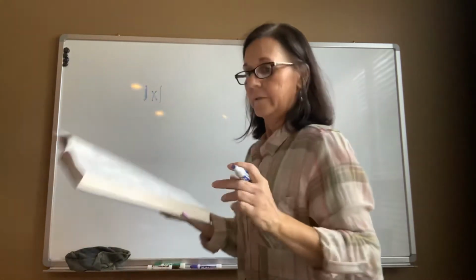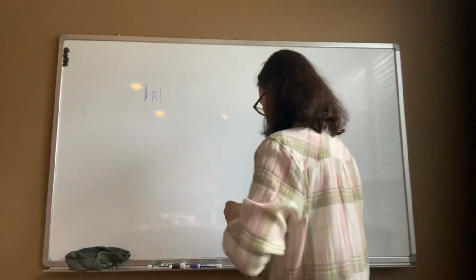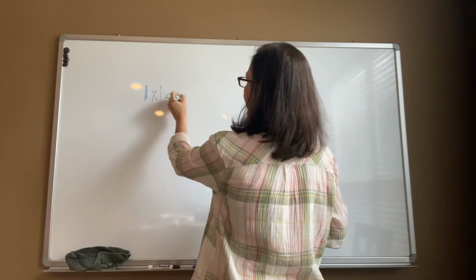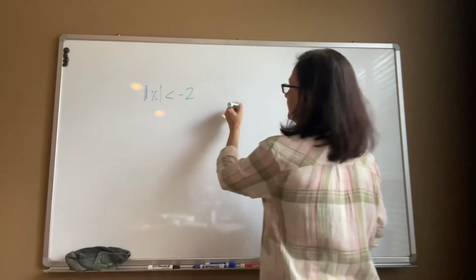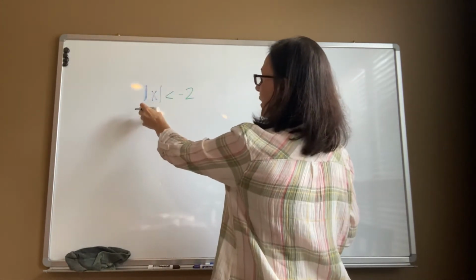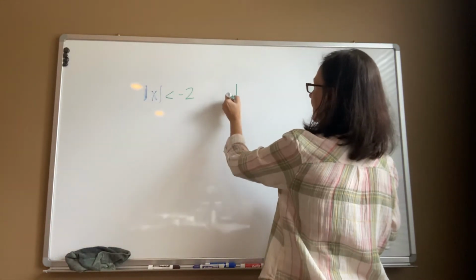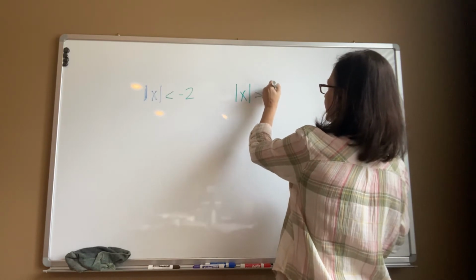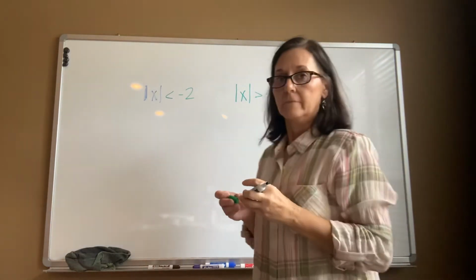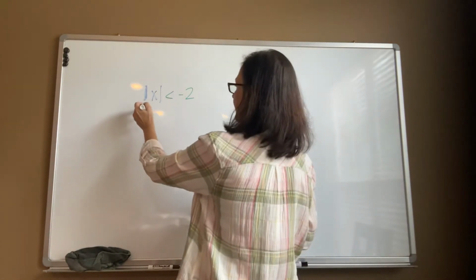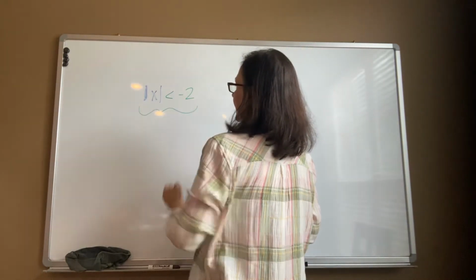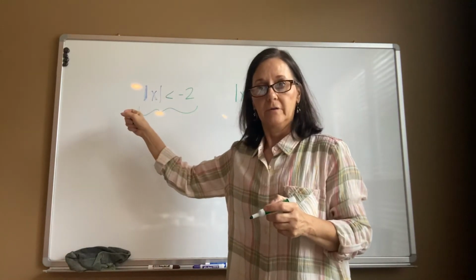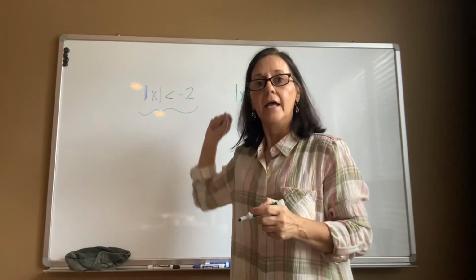All right, let me get a different marker. Absolute value of x less than a negative number. So once you've isolated your absolute value less than a negative number, and the absolute value of x greater than a negative number, okay? Now, think logically. Can I take the absolute value of any number and it be less than a negative number?